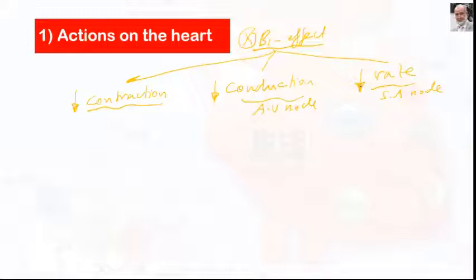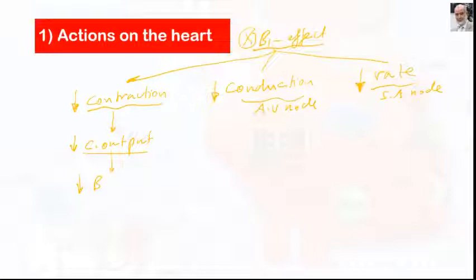So by decreasing the contraction of the cardiac muscle, what will happen to the cardiac output? It will be decreased, because the force of contraction of the heart muscles is decreased. If the cardiac output is decreased, what will happen to the blood pressure?